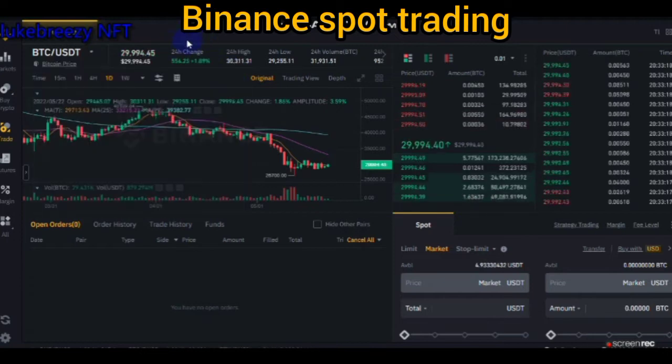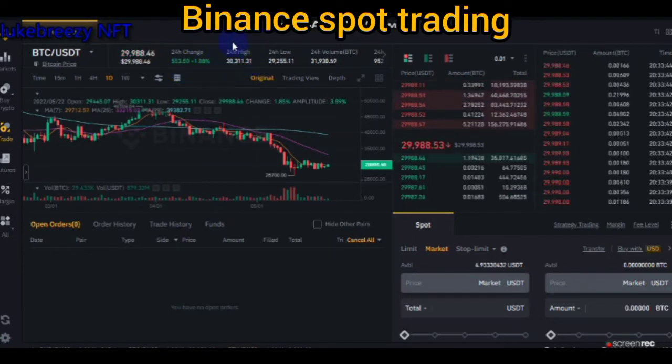Now that aside, when you look at the next column, you see the BTC current price. It's currently at approximately $30,000. Next you see the changes in BTC in the past 24 hours. There has been a 1.8% change in the past 24 hours.